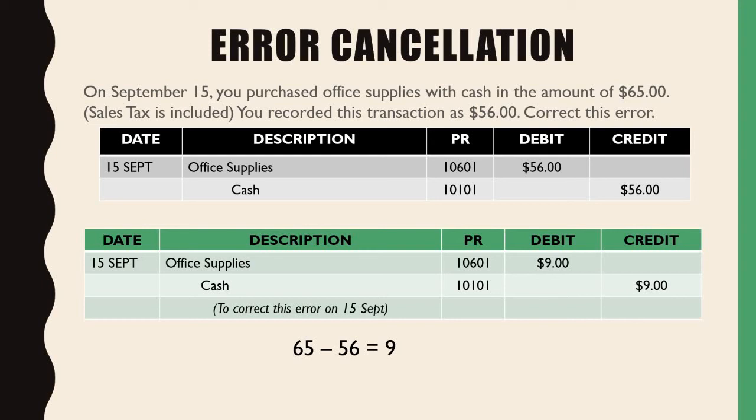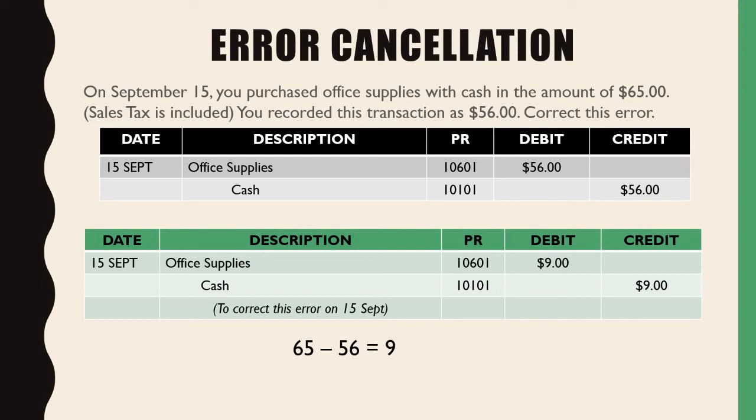You might enter that you need to add more cash back to yourself and subtract out more supplies for $9, and that's going to be wrong. So once again, there are a lot more factors to it than what you see here. Lots of thinking for error cancellation.